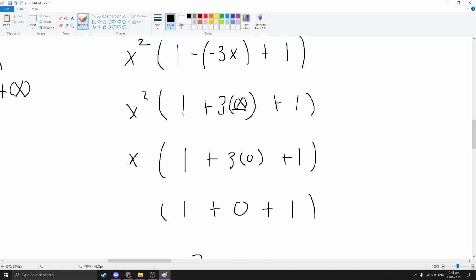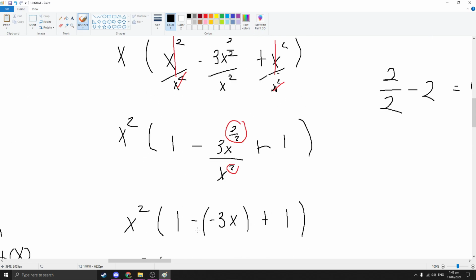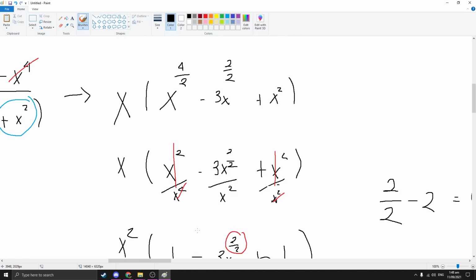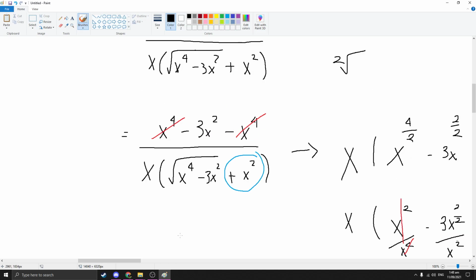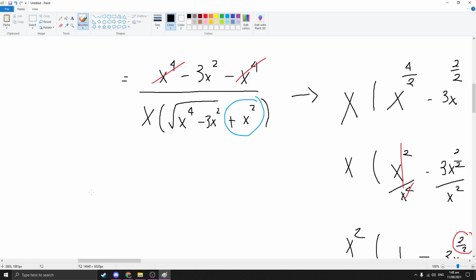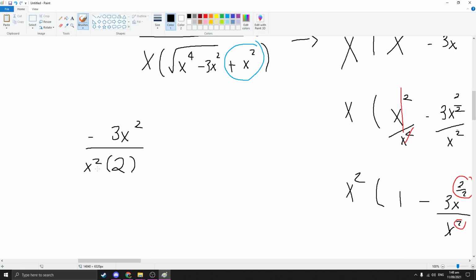Sulat ko lang yung x squared natin. So, balik tayo sa equation kanina. Nandito na tayo sa part na to. Natira tayo ng negative 3x squared over x squared. Ang parenthesis yung 2. So, ano mangyayari?